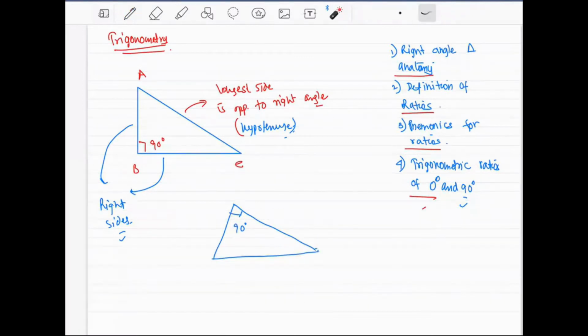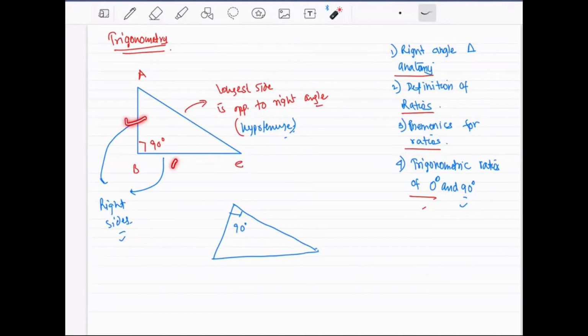You will see in the chapter on triangles also, they will put the right angle triangles like this. If you put it like this, you understand just by seeing that this is a right angle triangle because 90 degree is visible clearly. But in case of this one, you might not think that this is a 90 degree. So you should see where the hypotenuse is based on where the longest side is and where the 90 degree is. Okay.